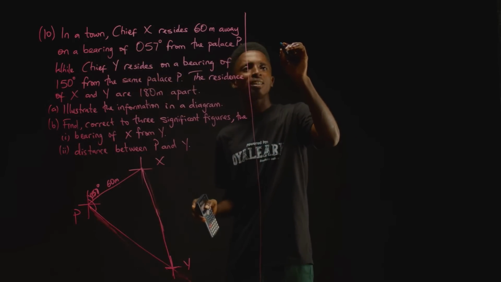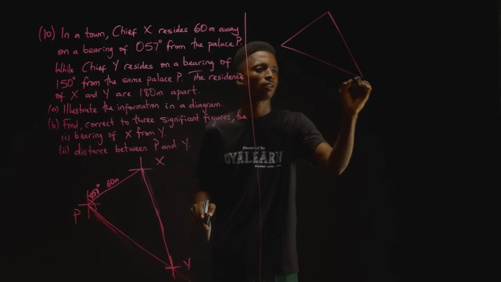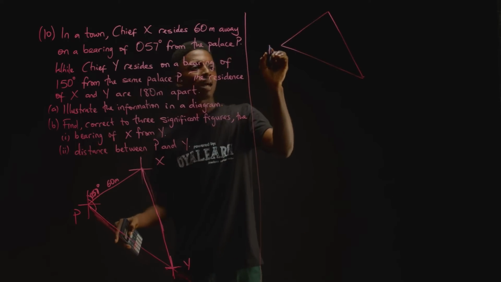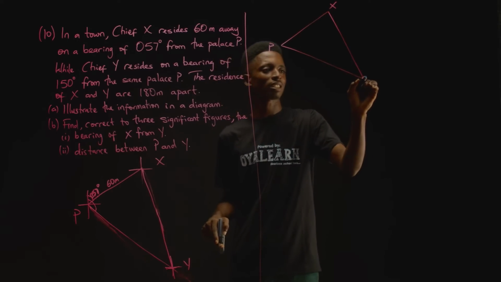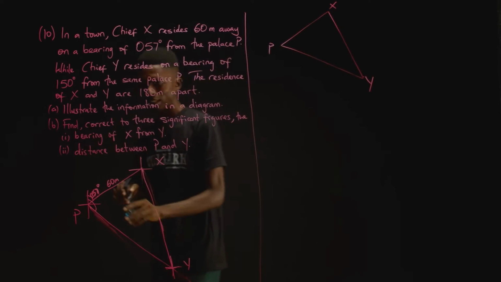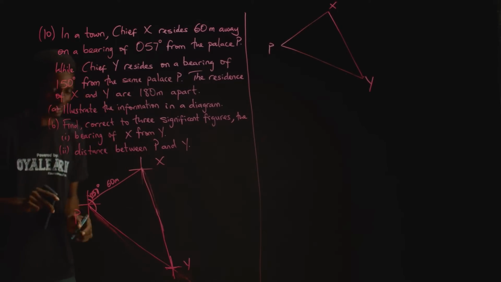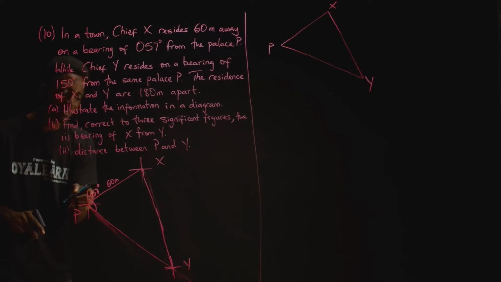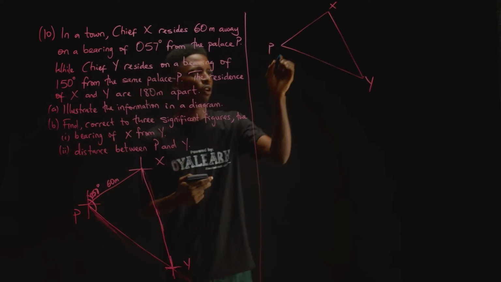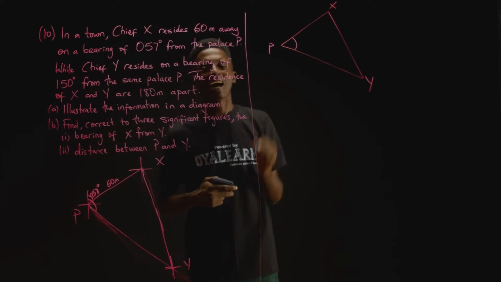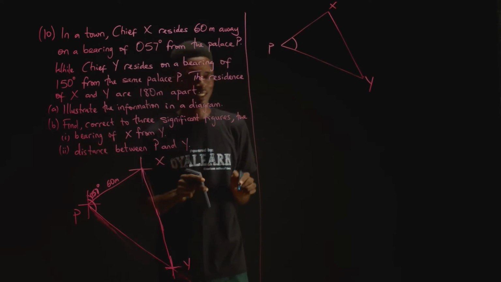We see that we are having a diagram that looks like this, with this being the palace, this being the residence of Chief X, and this being the residence of Chief Y. Now, the whole of this is 150 degrees, right? And out of 150 degrees, 57 is already taken out here. So 150 minus 57 will give us this angle here, and 150 minus 57 is going to give us 93.